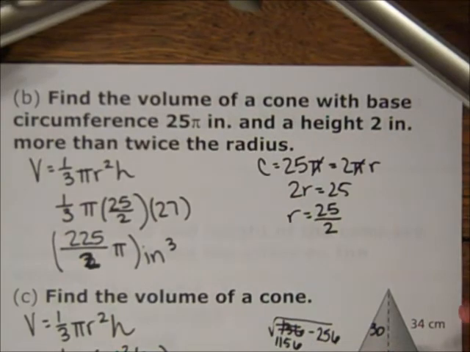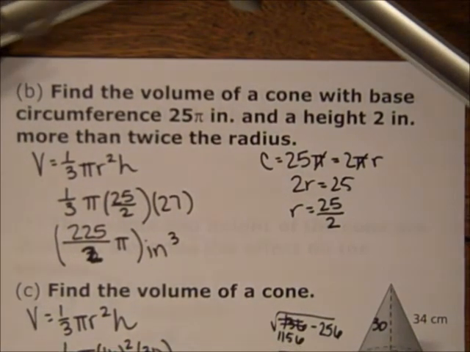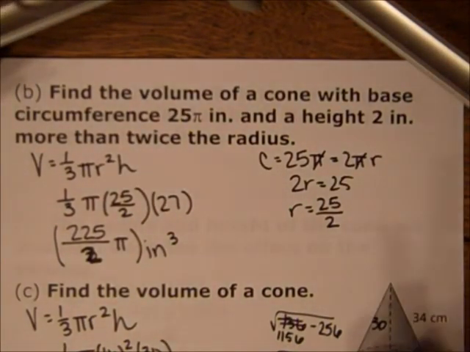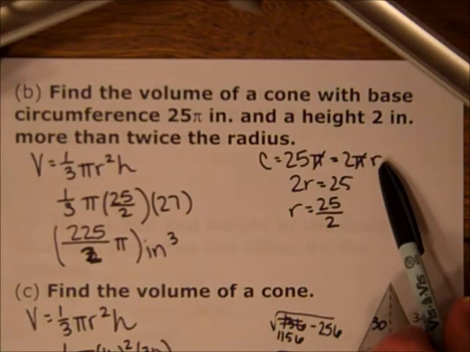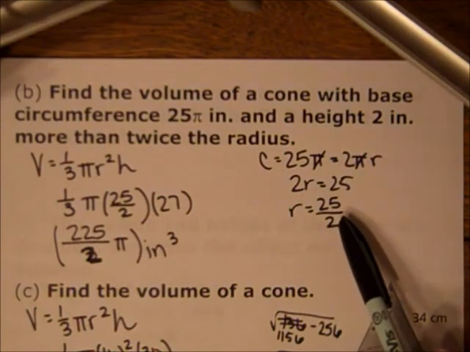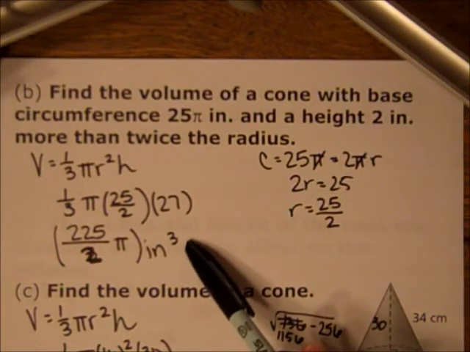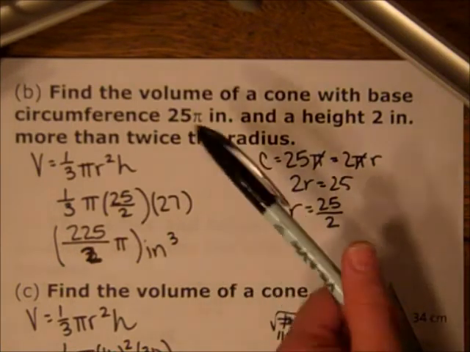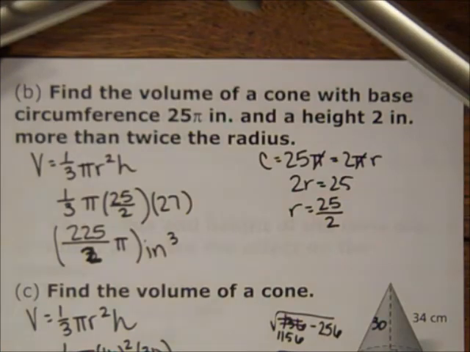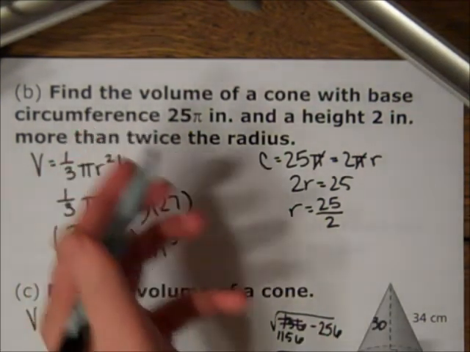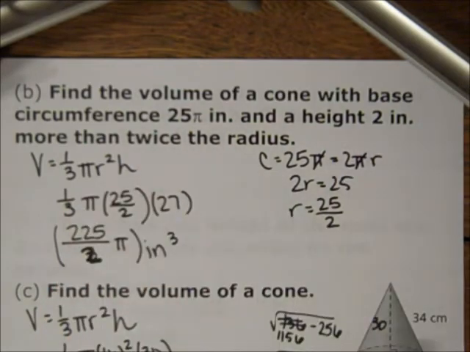Alright, B. Find the volume of a cone with a base circumference of 25 pi and a height of 2 inches more than twice the radius. So we have to use the circumference to solve for the radius. So the radius is 25 over 2. The height is 2 inches more than twice the radius. So twice the radius would be 25, and then 2 more gives me a height of 27.